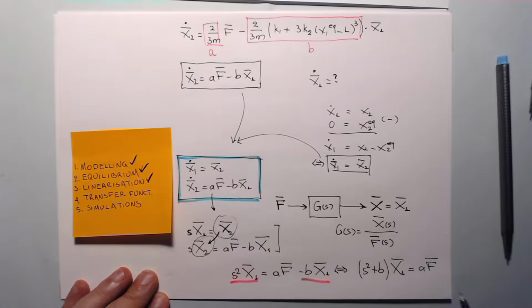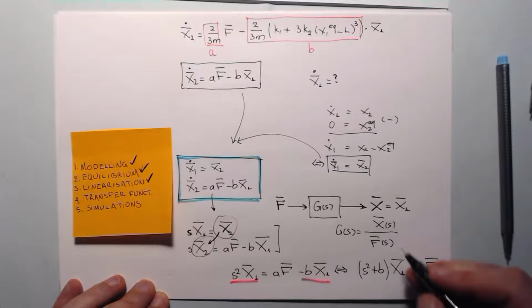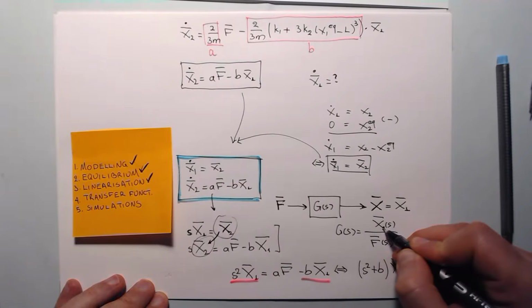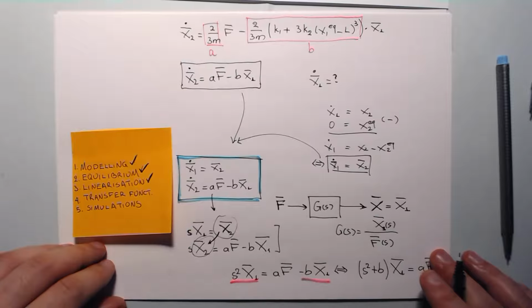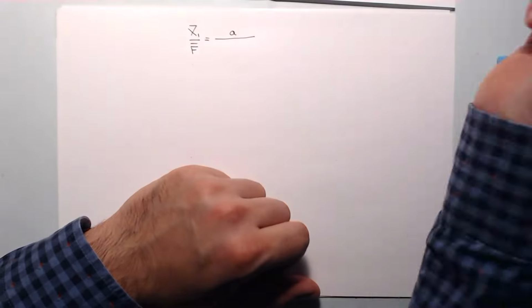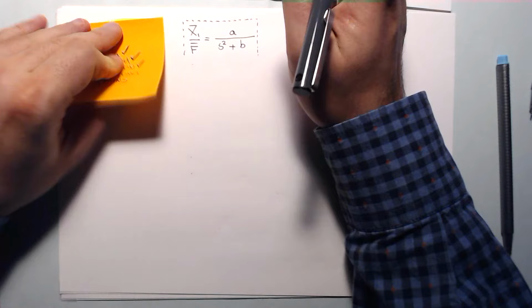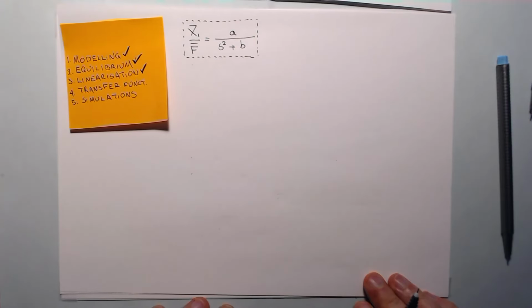And what do we need to find? We need to find x bar over f bar, or x1 bar over f bar. We said x and x1 is the same thing. So what is that? We need a new page. And we have determined the transfer function of the system.